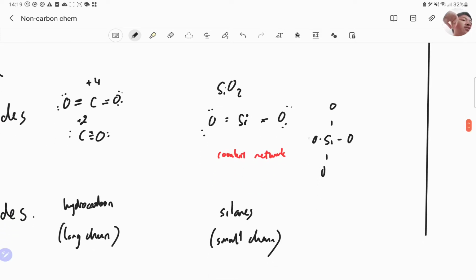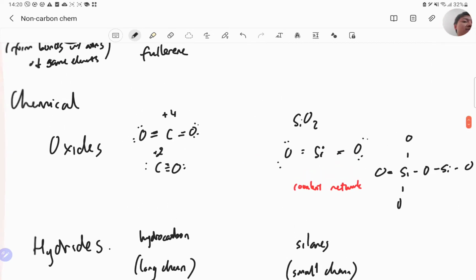Okay, that's interesting. Yeah, so normally silicon dioxide exists as that. In pure silicon oxide, it is linked with other silicon dioxide to form this covalent network of pi bonds.